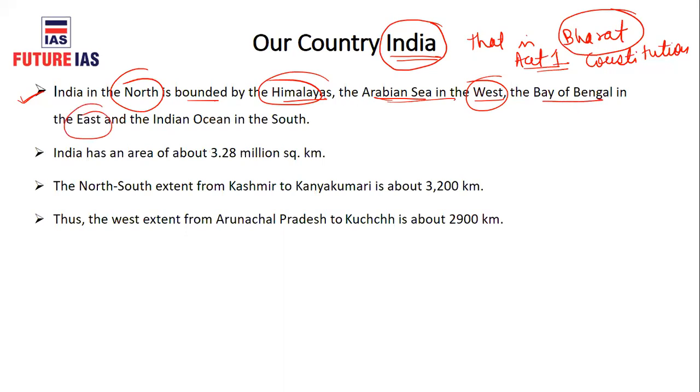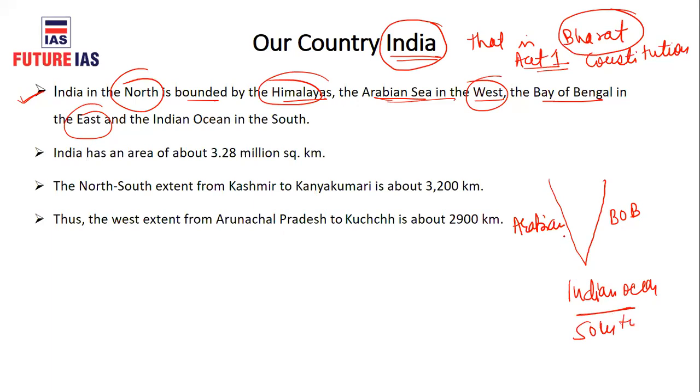When you see India's map, if I draw the peninsula, here you have the Bay of Bengal, here you have the Arabian Sea, and you have the Indian Ocean to the south. These are the three principal water bodies, and to the north you have the Himalaya. This is something you must understand.